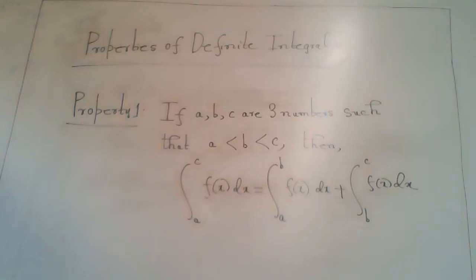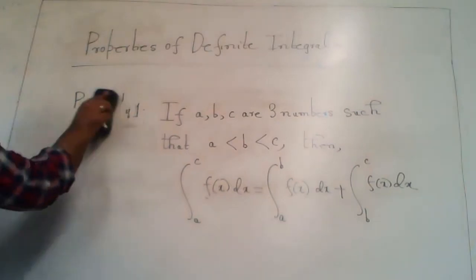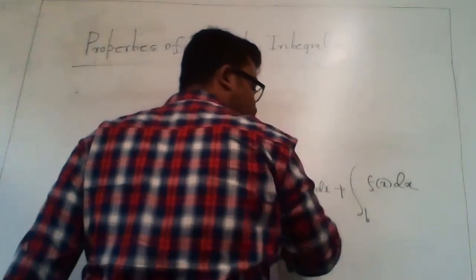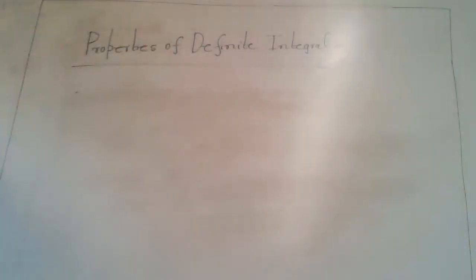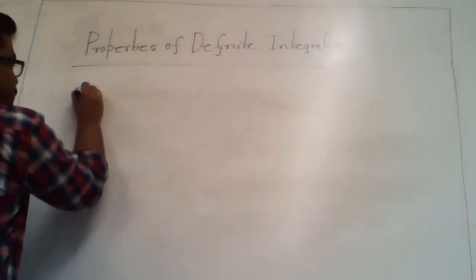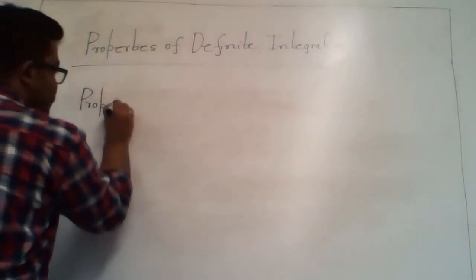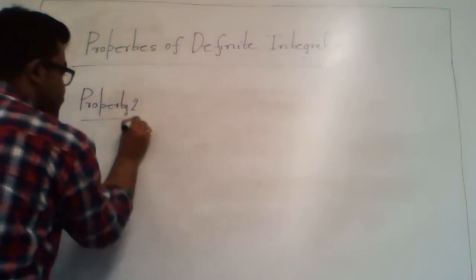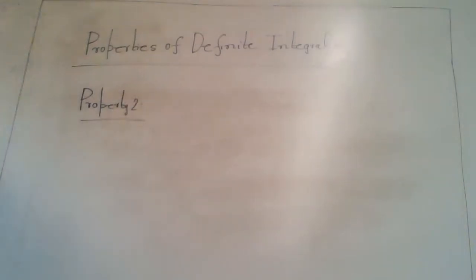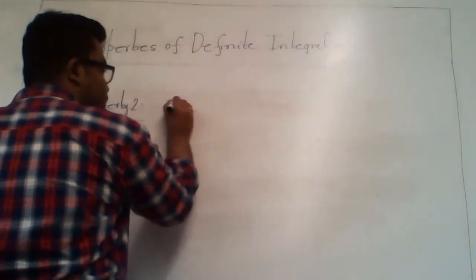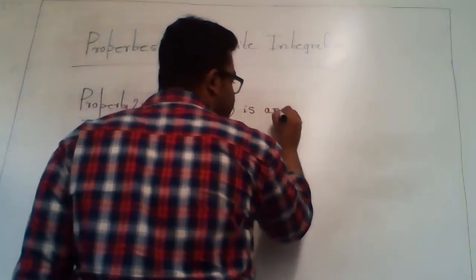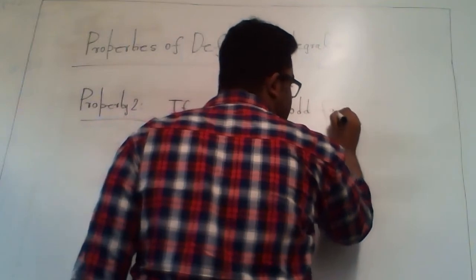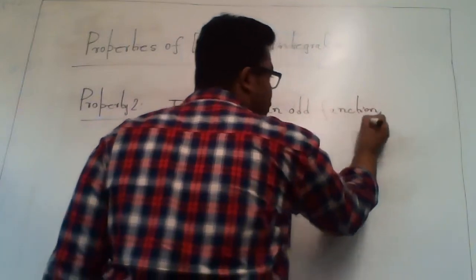Now let's study the second important property of definite integral. So property 2. Okay, so the property 2 is if f(x) is an odd function, so I think all of you know what an odd function is.